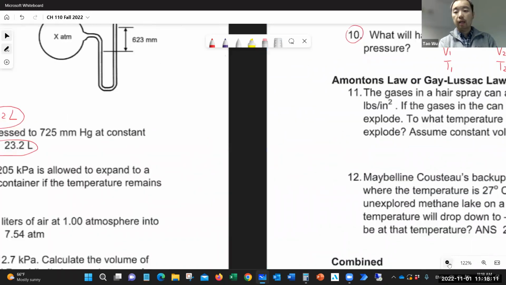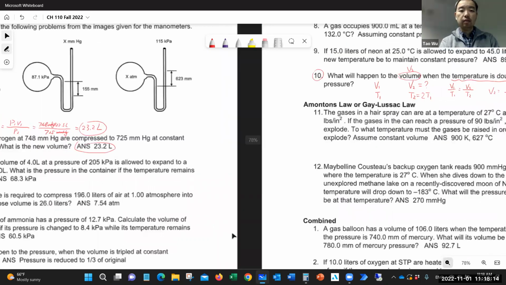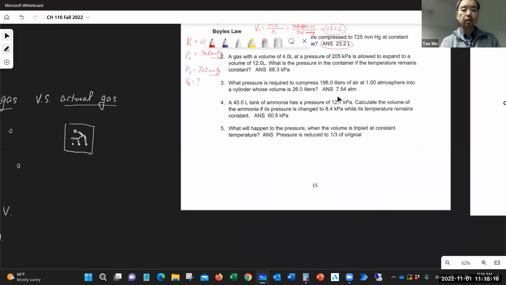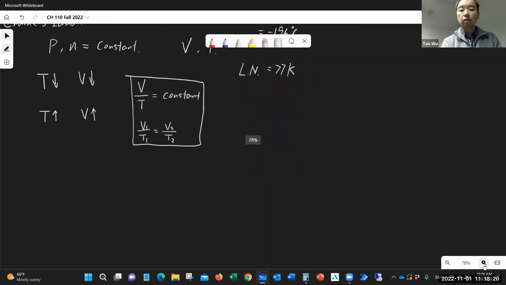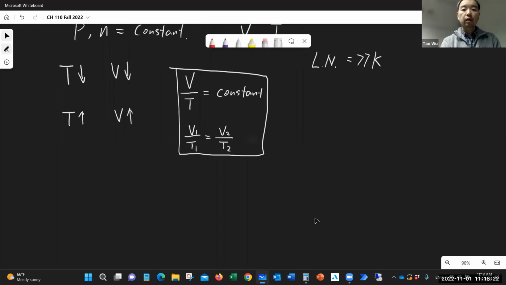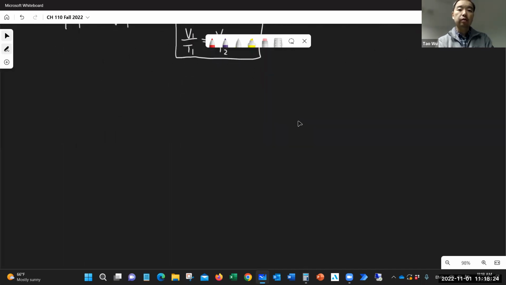Okay. And then let's look at the other laws. Today we'll continue to talk about the other laws. Okay, so the next one we're going to talk about is Gay-Lussac's law.